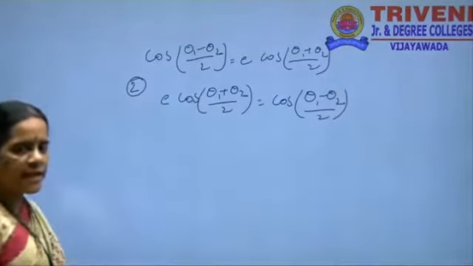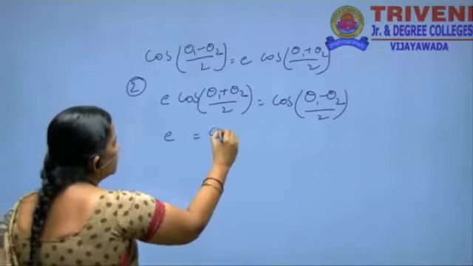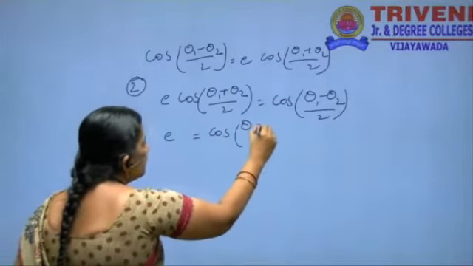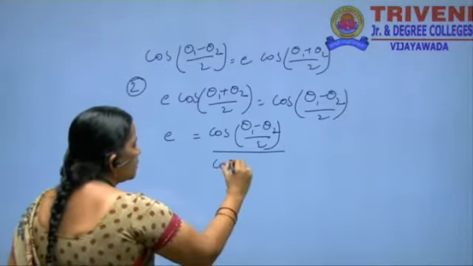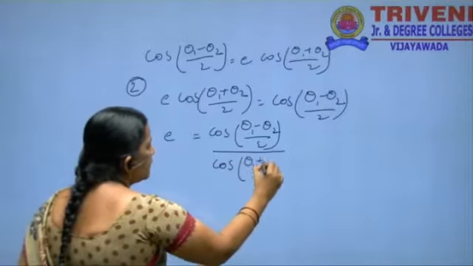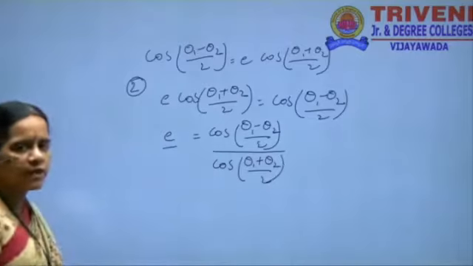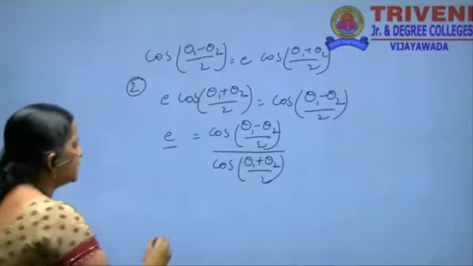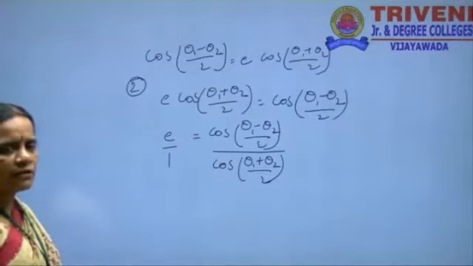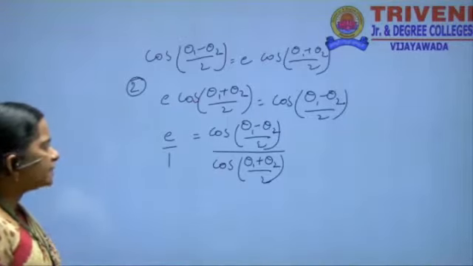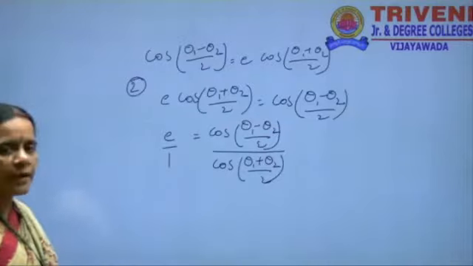Okay, it can be rearranged as E is equal to cos of theta 1 minus theta 2 by 2 divided by cos of theta 1 plus theta 2 by 2. In the denominator part, E is not there, then we have to write it as 1. Then at last we get E by 1 is equal to cos of theta 1 minus theta 2 by 2 by cos of theta 1 plus theta 2 by 2.